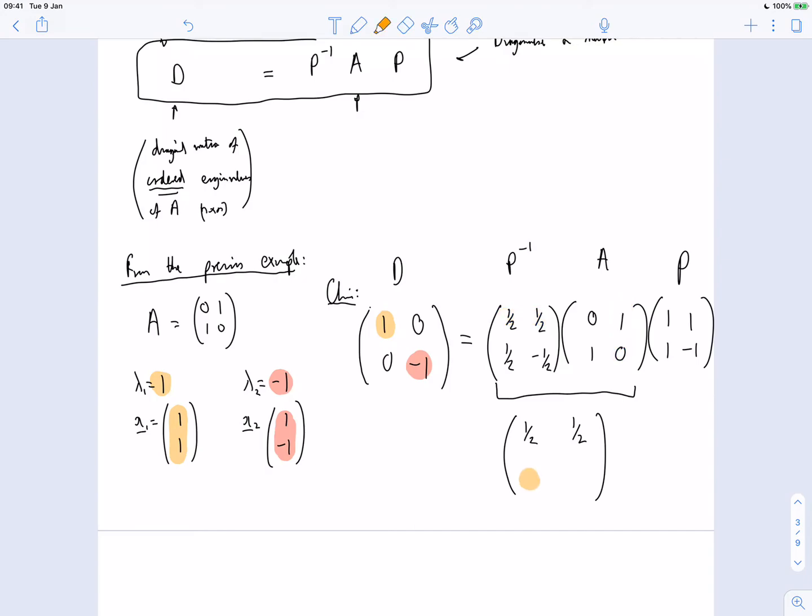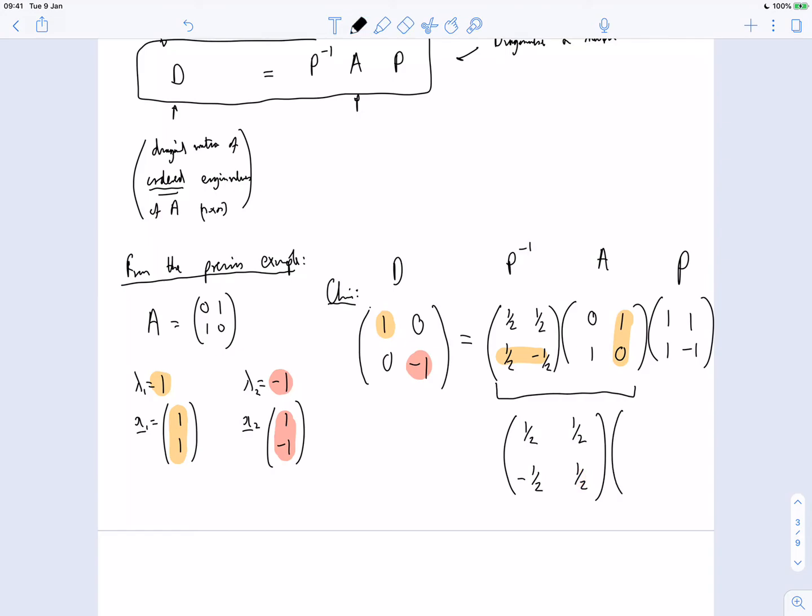Okay, now I want the second row, first column. I'm clearly going to have a half times 0 plus minus a half times 1, so that's going to be minus a half. Now I want the second row, second column. I've got half times 1 minus half times 0, it's just going to be a half.